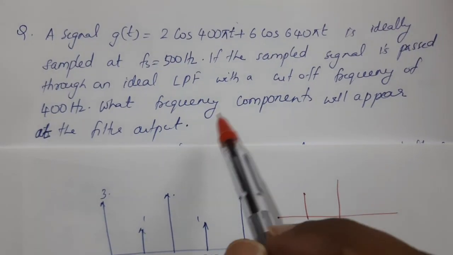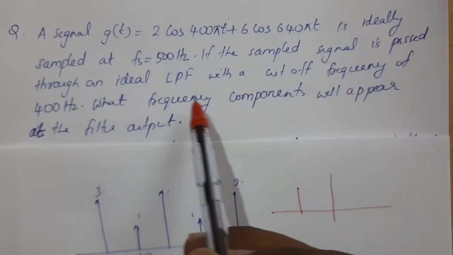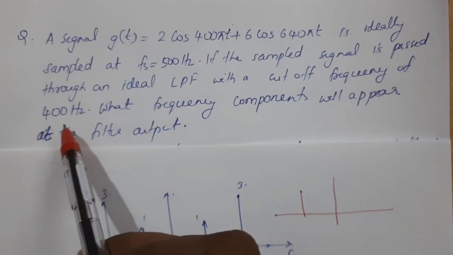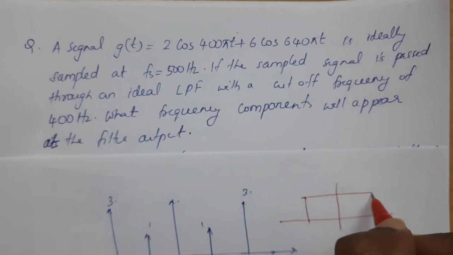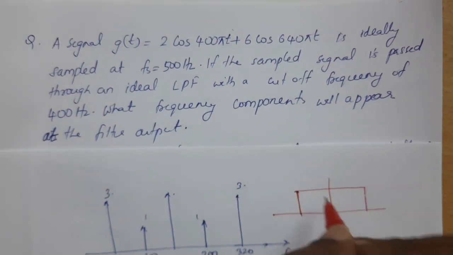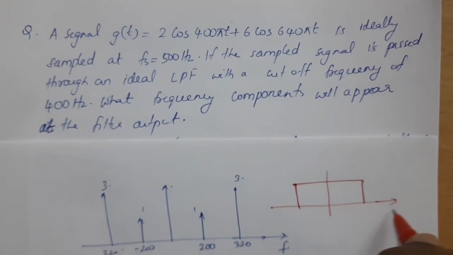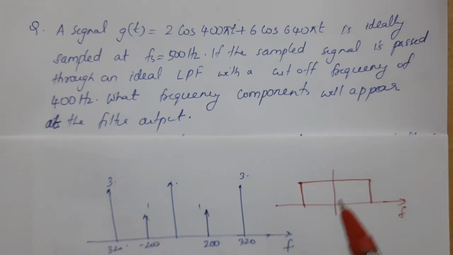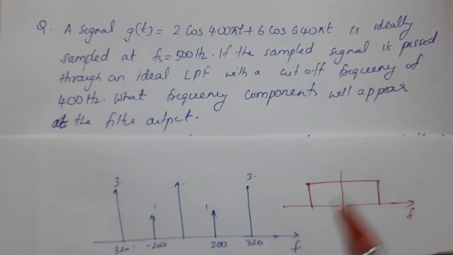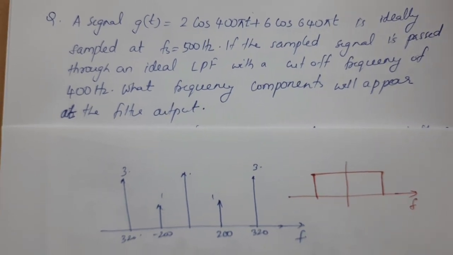If you look at the question, the sampled signal is passed through an ideal low pass filter with a cutoff frequency of 400 Hz. So whatever frequencies are present inside the passband of this low pass filter will appear at the output, and that is what we need to check.